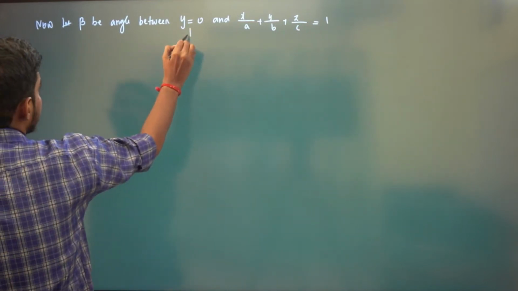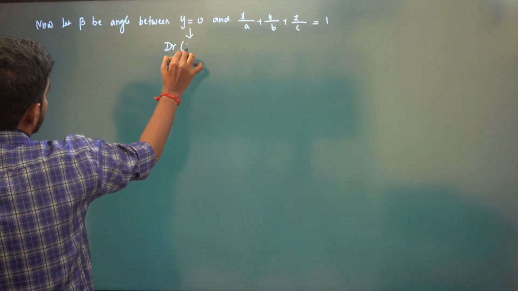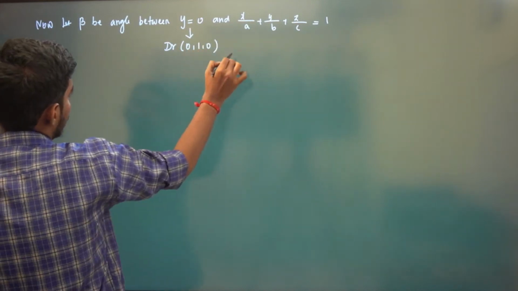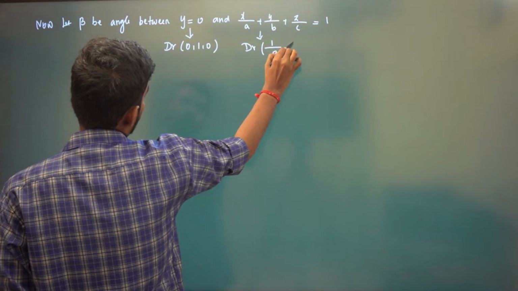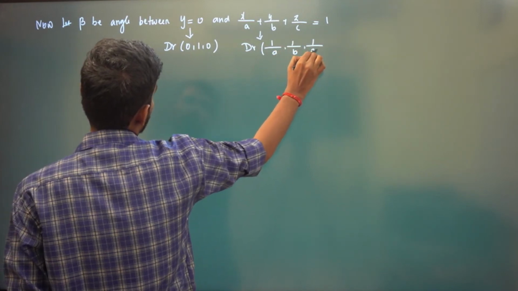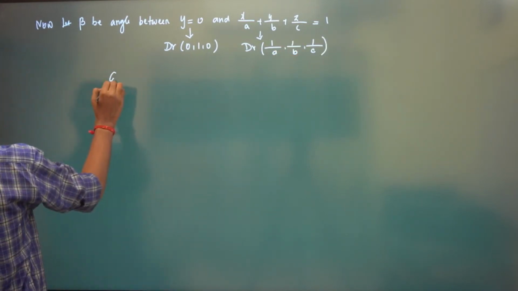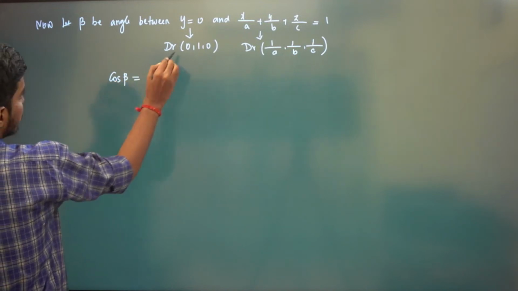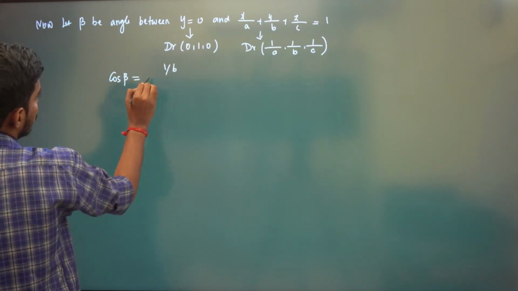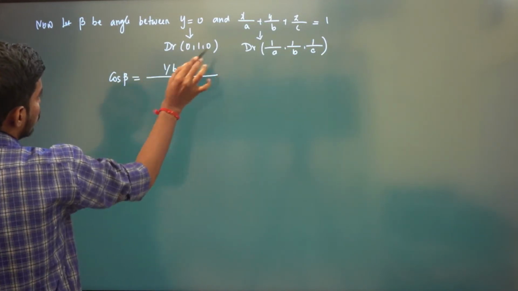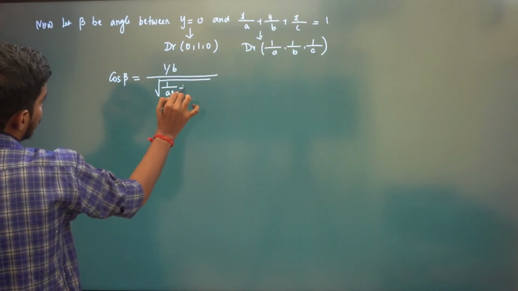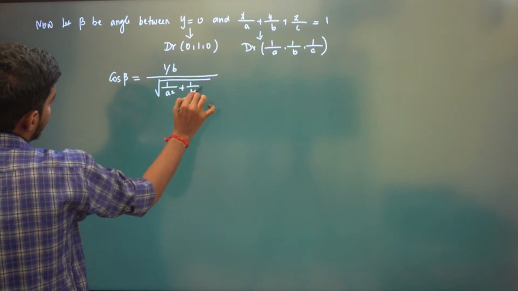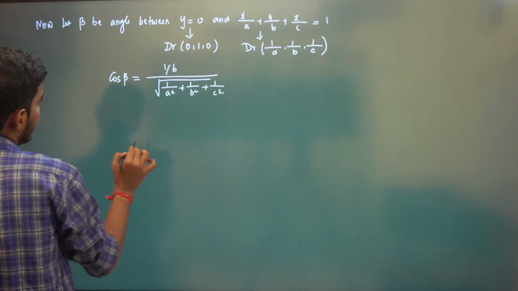So this has direction ratio 0 comma 1 comma 0 and this has direction ratio 1 by a, 1 by b, 1 by c. So find cos theta. So it is a1 a2 plus b1 b2 plus c1 c2 divided by root of a1 square b1 square c1 square. So we will have 1 by a square plus 1 by b square plus 1 by c square.